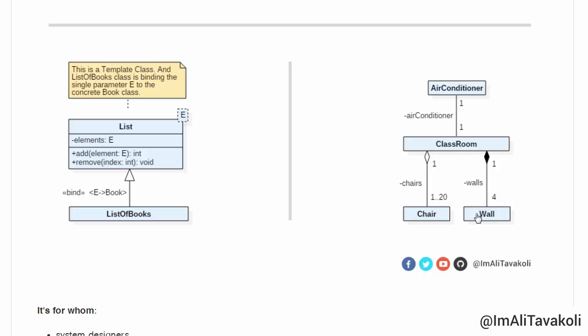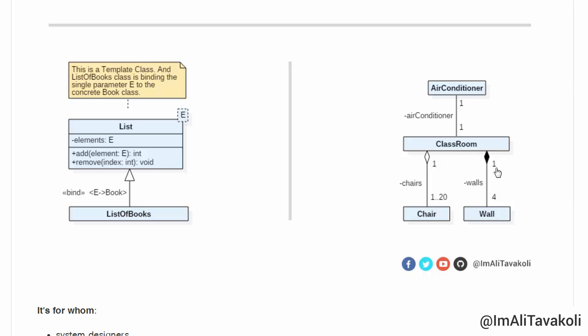Wall is part of the classroom, and if the classroom is destroyed, the wall will be too. A classroom can have up to 20 chairs, but a chair is only for one classroom. And a classroom has 4 walls, but a wall is for only one classroom.